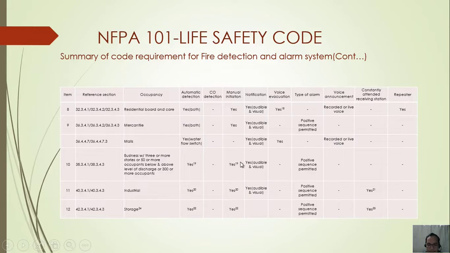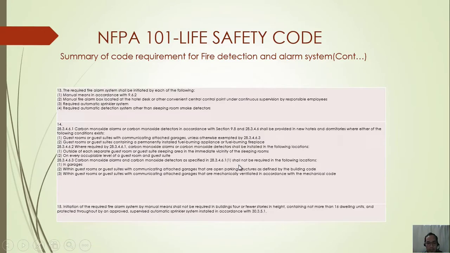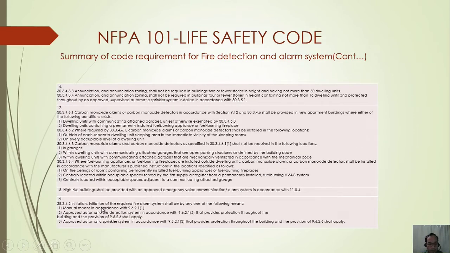And let's go to note 19, manual pull station for business occupancy with 3 or more stories, or 50 or more occupants below and above the level of discharge, or more than 300 occupants. Okay, manual pull station is required, but there's a note in 19. Let's see what's the note.